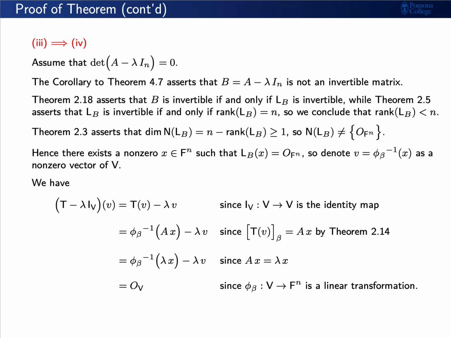Then, if we take a look at how x corresponds via the standard representation to some vector lowercase v in our vector space capital V, we actually see that lowercase v must be an eigenvector. But the more important statement is that lowercase v must lie in the null space of the linear transformation T minus lambda I_V.